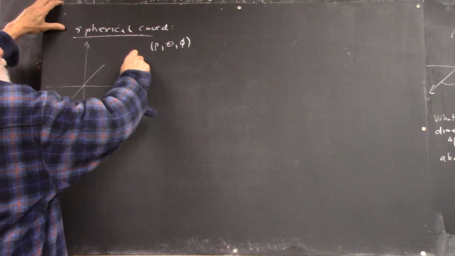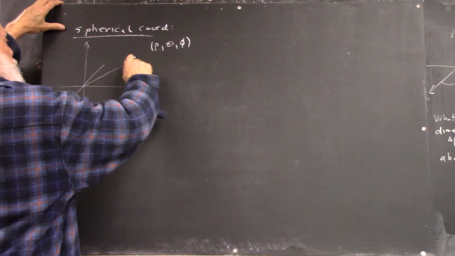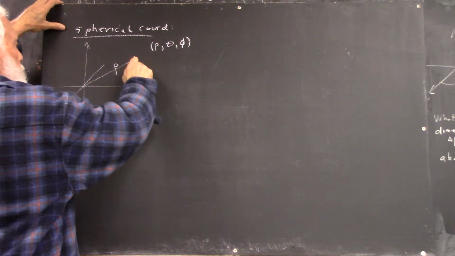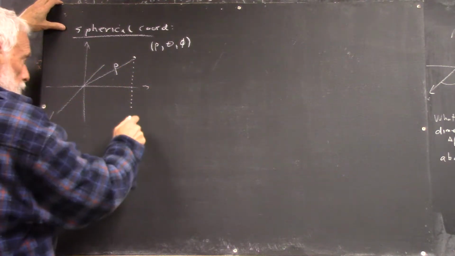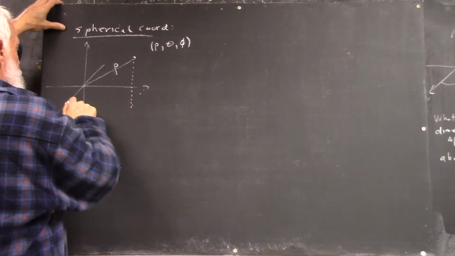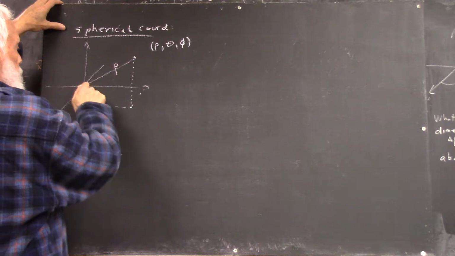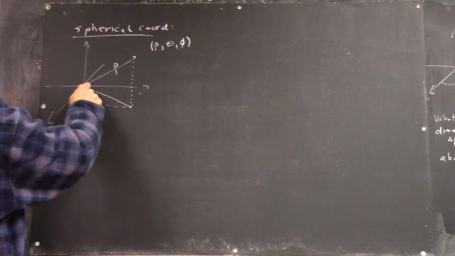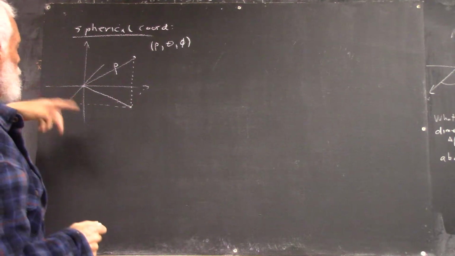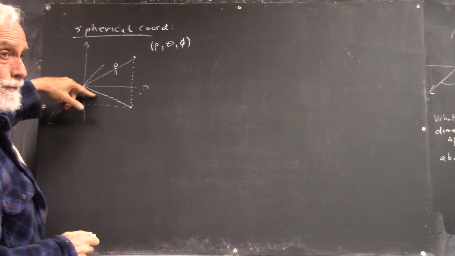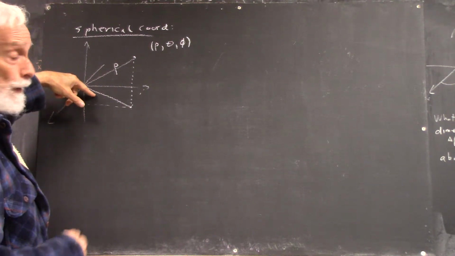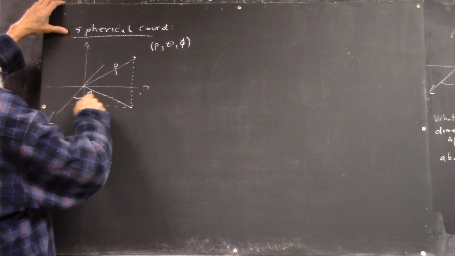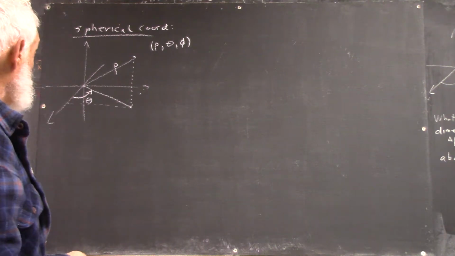Okay, so if your point is here, then from the origin to that point, the distance is rho. Now, if we project this point down into the XY plane, so that now it would be here, then this line from the origin to here, which would correspond to the cylindrical coordinate R, if we had cylindrical coordinates, lies at angle theta as measured counterclockwise from the positive x-axis.